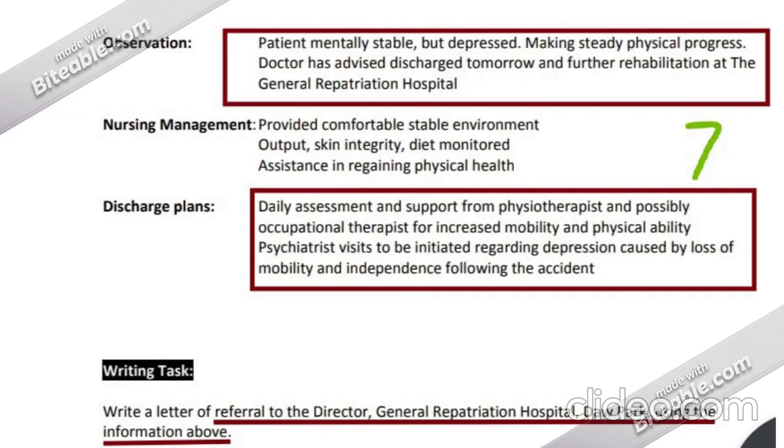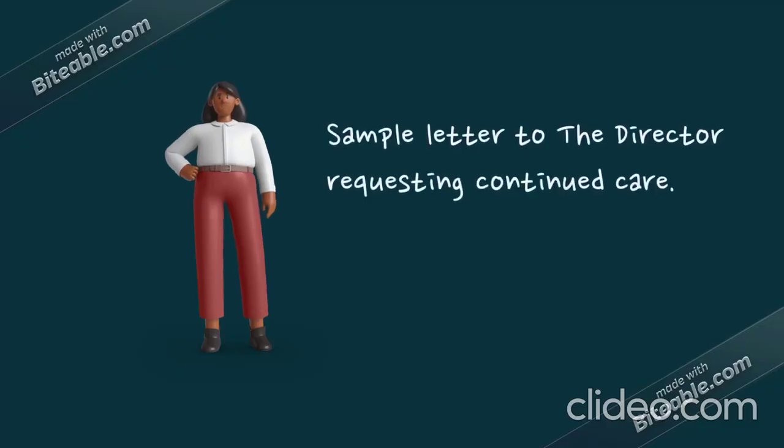So the patient has physical disability with right-sided weakness and depression also because of the accident. And this is the recent present medical condition. This is the present situation for the patient, and the requirement for this is continued care, follow-up care or ongoing care. So whatever we have, we can write in the introduction paragraph.